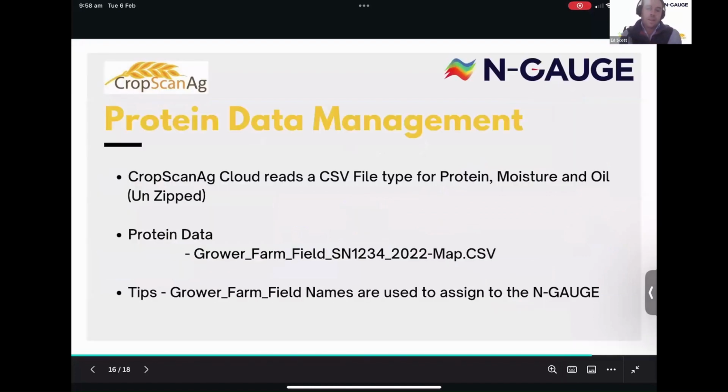When you are looking at the data, just so we're all across it, all of the data that you've been recording, even if you weren't connected to the internet or cellular when you were harvesting, is still stored on that tablet. The files are all in CSV. If you are going back to the CropScan Ag portal, you'll see that all your fields in the protein folder are named in the same way: the grower, farm, field, serial number of your machine, and the number of the year.